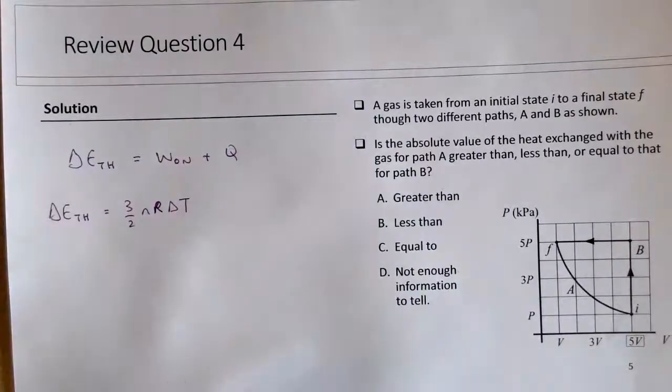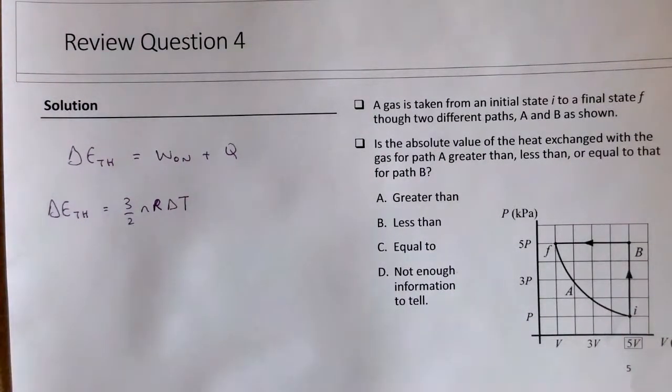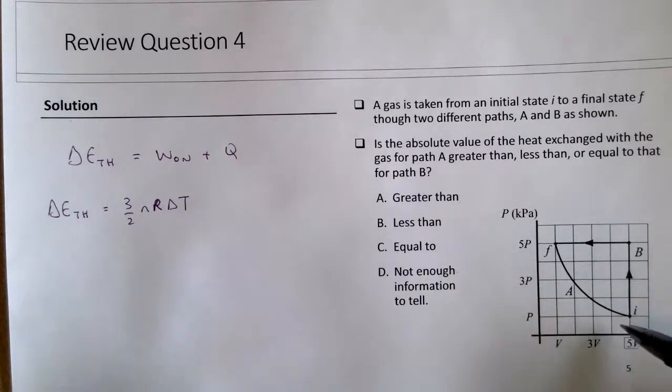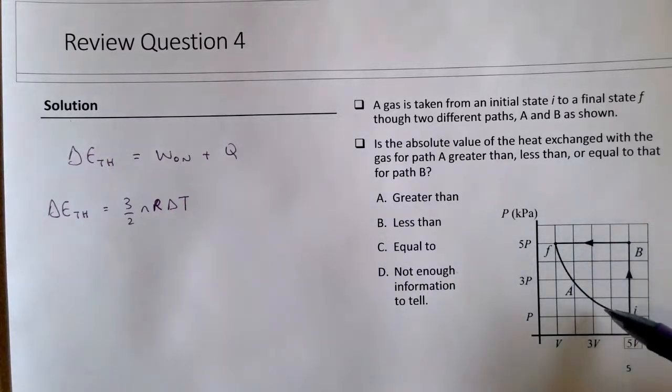Since the container is sealed, N and R are constants, and in the prior question we determined that the initial temperature and the final temperature are the same. For path A the temperature of the gas always remains the same. For path B, the temperature does change along the path, but its initial and final temperatures are the same.